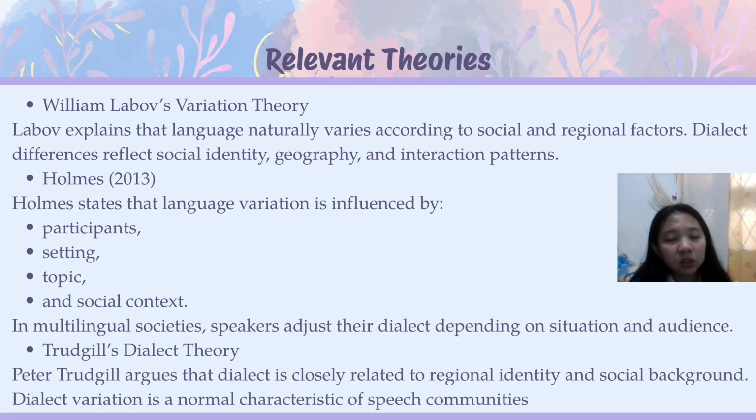In a multilingual society, speakers adjust their dialects depending on situation and audience. Third, Trudgill's dialect theory. Peter Trudgill agrees that dialect is closely related to regional identity and social background. Dialect variation is a normal characteristic of speech communities.